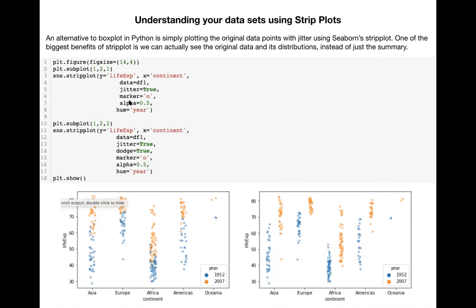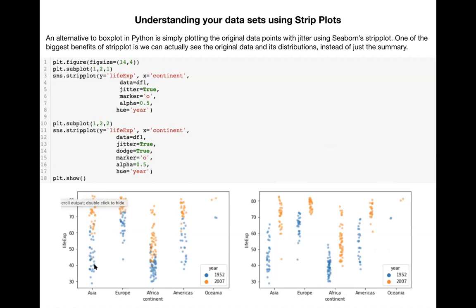So by doing this, you can see that I'm generating a plot here showing the distribution of the life expectancy for each continent, Asia, distributed along this axis, with year 1952 blue and year 2007 yellow-orange in this way.